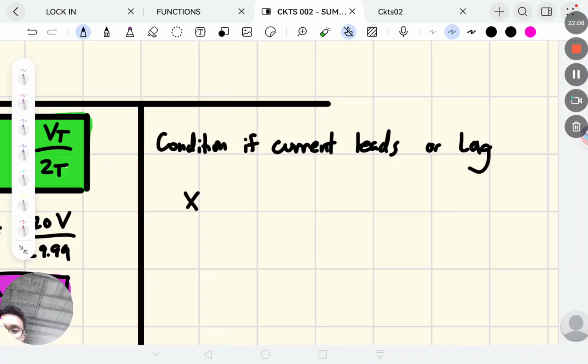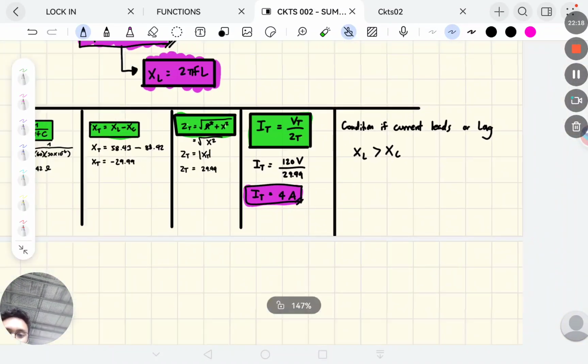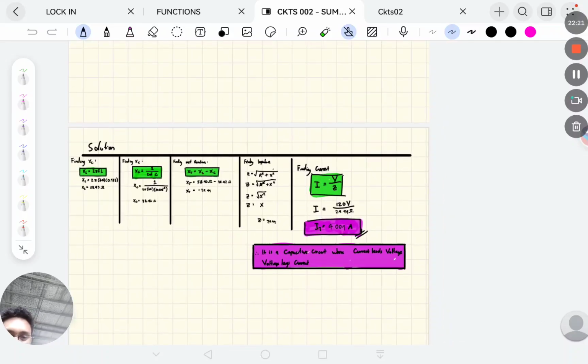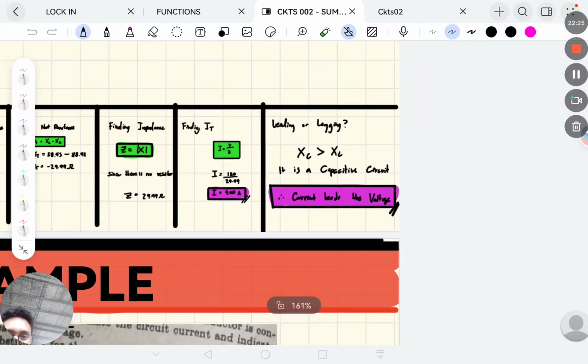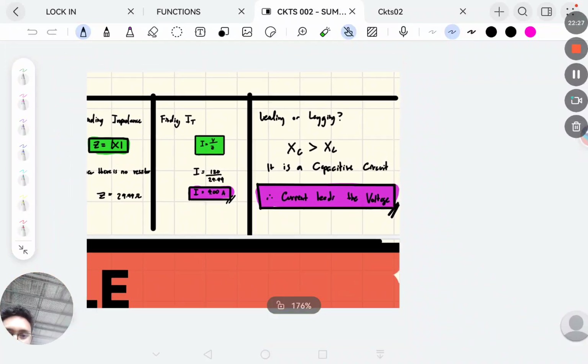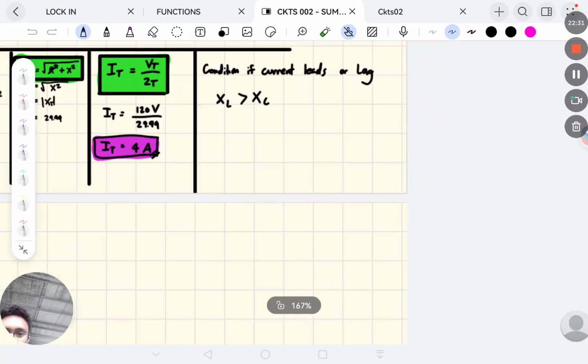If XL is greater than XC, nakalimutan ko na rin. Okay, again.